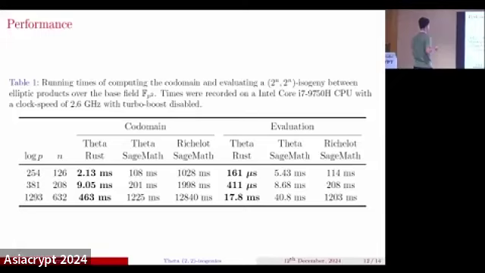In particular, for an isogeny over F_p squared, where p is a prime of length 254 bits, and for an isogeny of length 126, these are the isogenies that you need in the case of the variants of SQIsign, especially for SQIsign2D-West. The computational cost to compute the codomain of such an isogeny requires roughly 2 milliseconds, and evaluating such an isogeny in Rust just takes 161 microseconds.